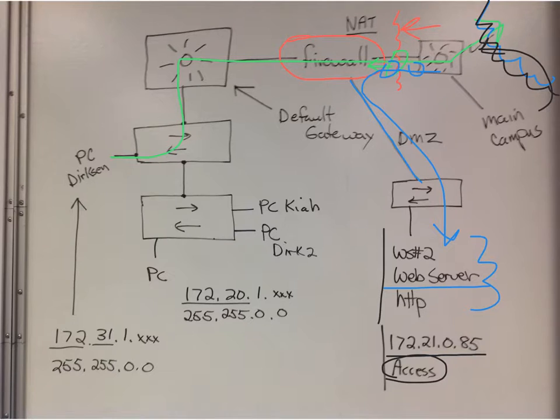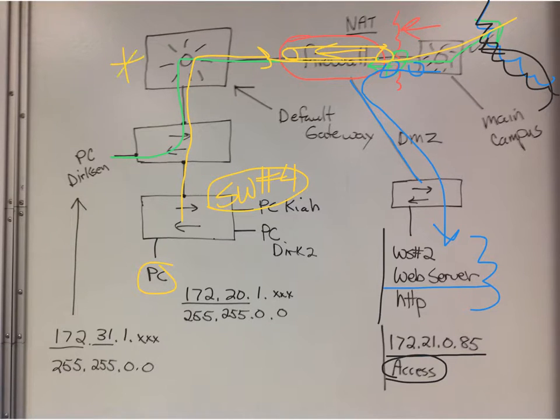So we are working on PCs connected to, in this case, switch number 4. Then I created a special path through here so you could go out to the internet. And of course, same thing, if you went out, then it created a little tunnel for that traffic to get back in. Inside here is that default gateway.